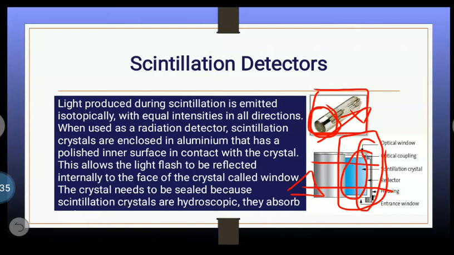Do not let it focus on other places. So its direction of light is designated towards a certain portion called the window, the window of the photomultiplier tube. So the crystal needs to be sealed because this is hygroscopic, meaning they absorb moisture.